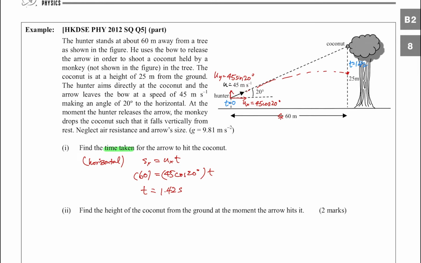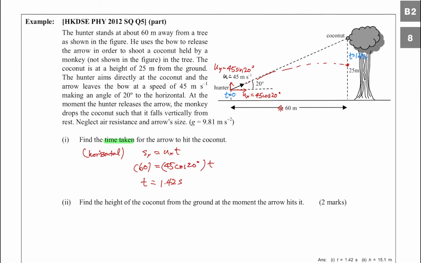So for part 2, we would like to know the height of the coconut from the ground at the moment the arrow hits it. Before we find the height from the ground, I would like to find the distance measured from the original position of the coconut.